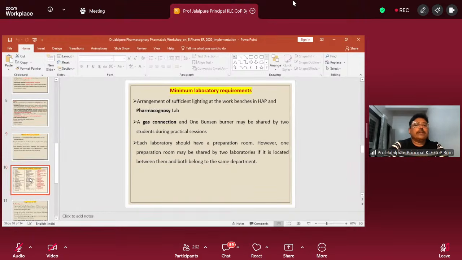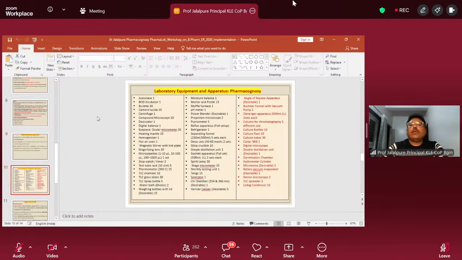While going through the syllabus, I also referred to the standard inspection form of the PCI. There was a list of laboratory equipment and apparatus mentioned. I have shown on the right side, in red, the equipment which was not there in the SIF but has been put in this new syllabus.